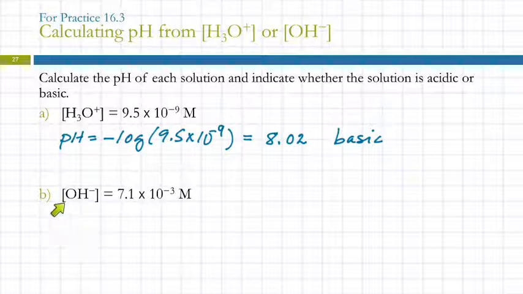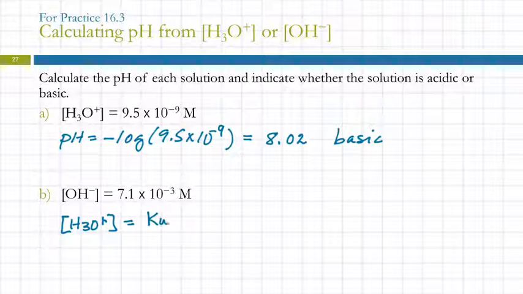Here we've got the hydroxide ion concentration, and it wants the pH. Well, the pH is not the negative log of the hydroxide ion concentration. So we have to calculate the hydronium ion concentration, like we did previously.